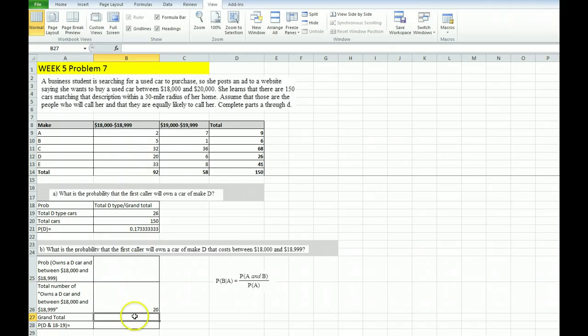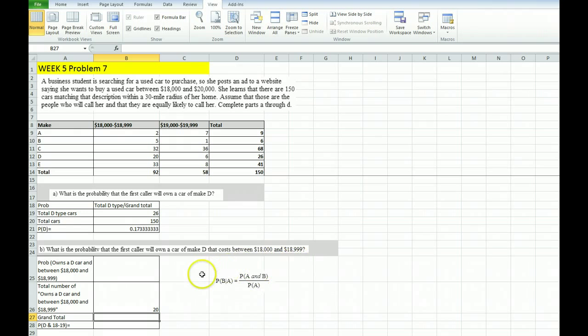and the grand total, now the grand total we're looking at is, let's read the question again, what is the probability that the first call will own a car of make D that costs between 18,000 and 18,900?